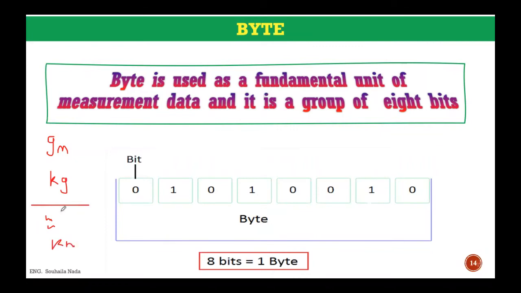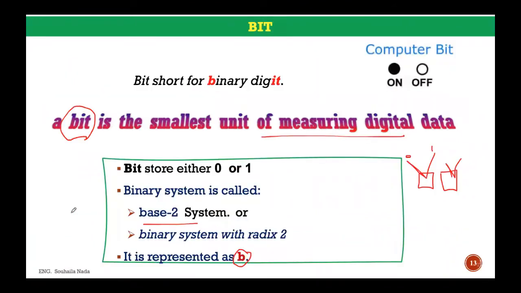All of them are measuring units for length. So we have the same here for computer science. The smallest measurement unit, as we said, is a bit, which represents only 1 digit. This digit will store 0 or 1.